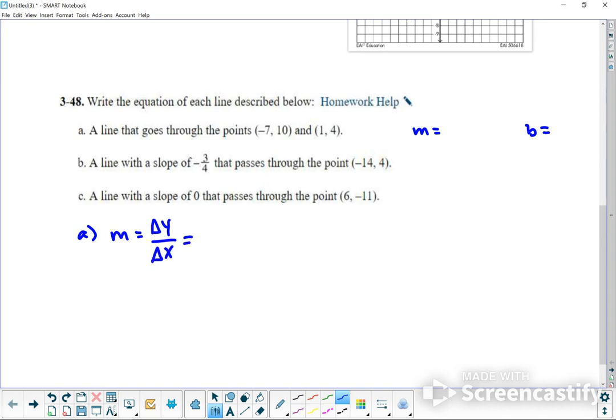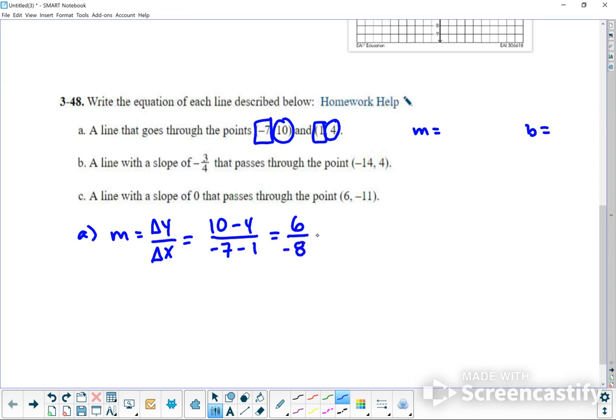And the change in y means take your y's and subtract them. So 10 minus 4. And I'm going to go 10 first. So 10 minus 4. And then divided by, now I have to do -7, excuse me, minus 1. So 10 minus 4 is 6. -7 minus 1 is -8.